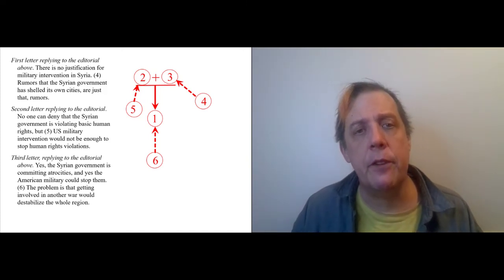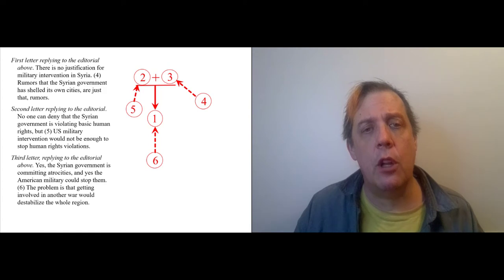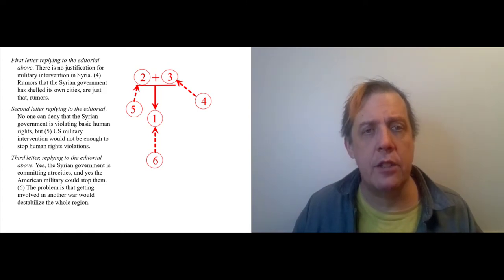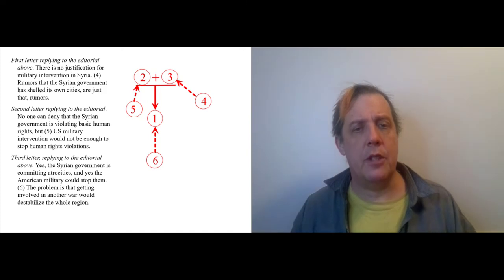So we've got 3 different kinds of objections here. These are all objections to the truth of statements, and they're all pointing to different numbers in the existing argument.